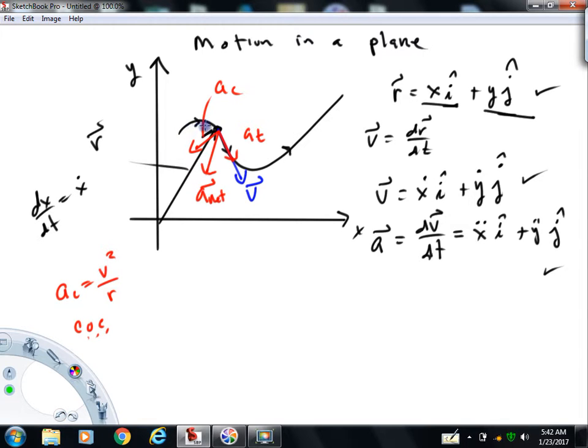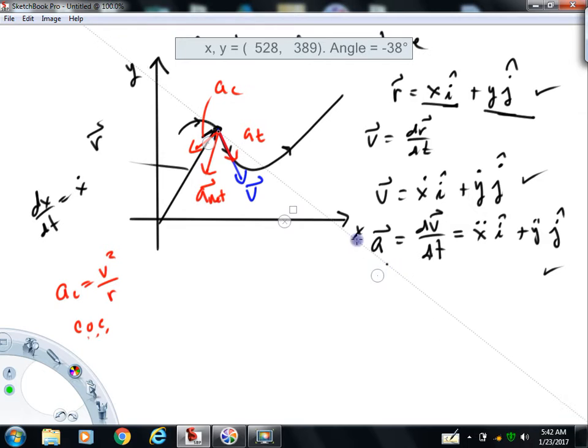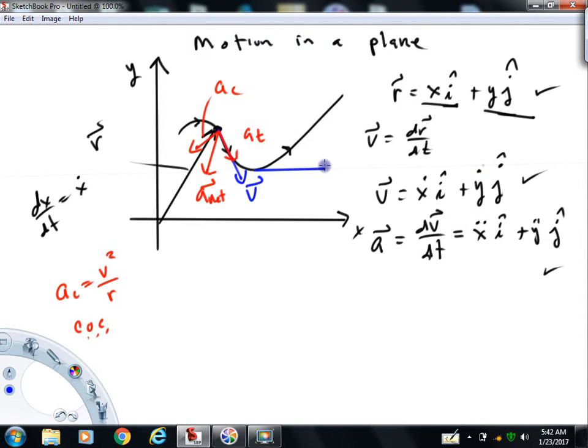As this particle moves along this path, maybe if I pick another spot right here, right at that instant, the velocity vector, and I'll go ahead and draw that in blue, is again tangent to the curve. Maybe something like this. The reason I drew this velocity vector longer than the first one is because I've assumed in this example this object is speeding up.